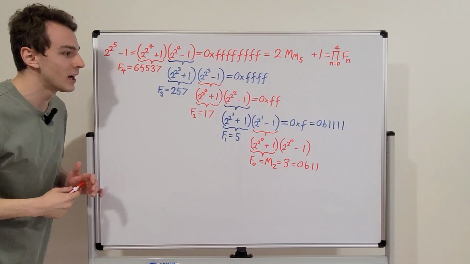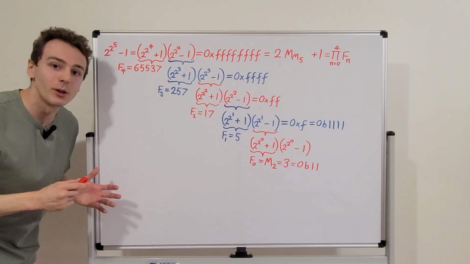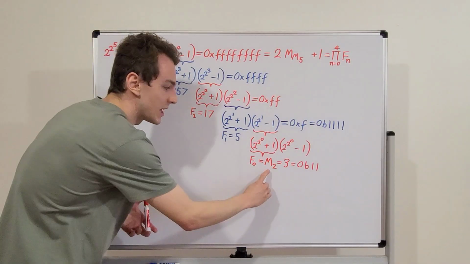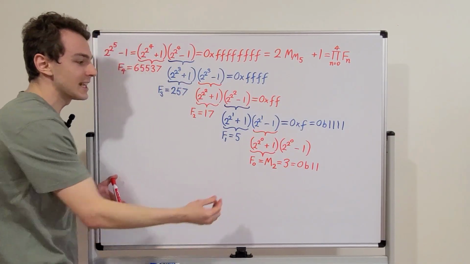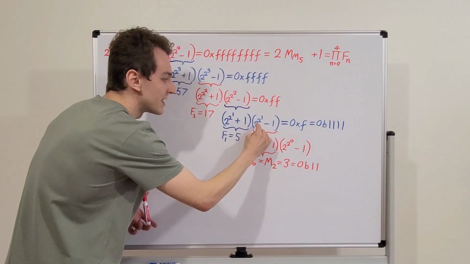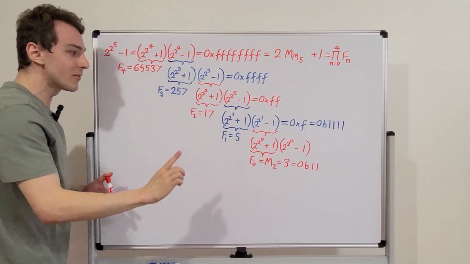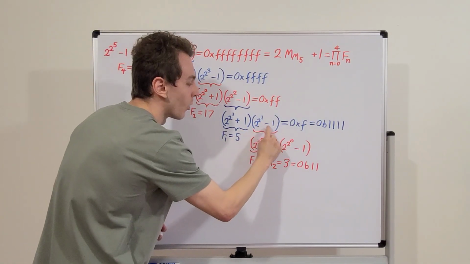Now, let's also consider another interesting type of prime number, which is called a double Mersenne prime. So we've used this notation over here, m sub 2. A Mersenne prime has the format where we have 2 to the power of a prime number, minus 1. So instead of a plus 1 over here, like for the Fermat primes, we have a minus 1.